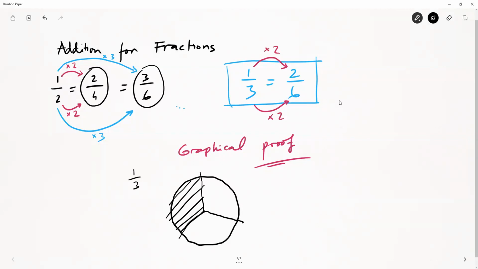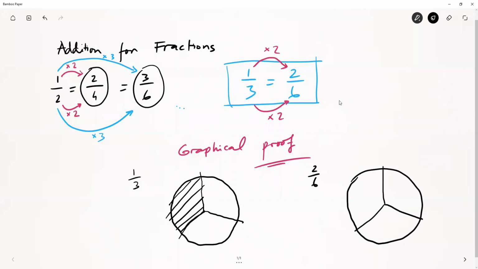Now, if we look at the second fraction, which is 2/6, they will do another diagram. In this case, they will divide this pie into 6 parts.